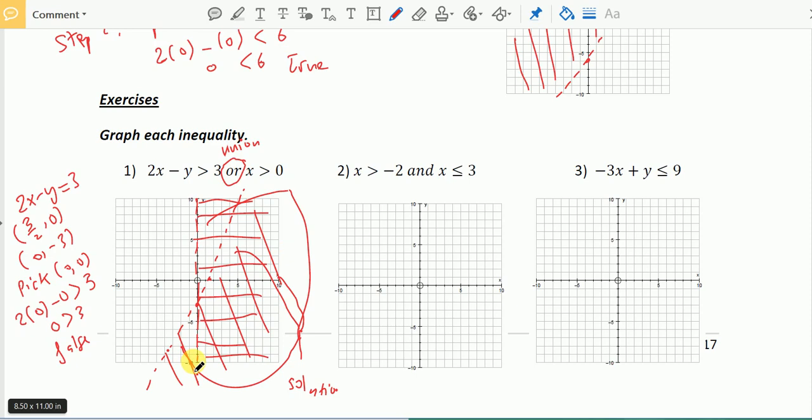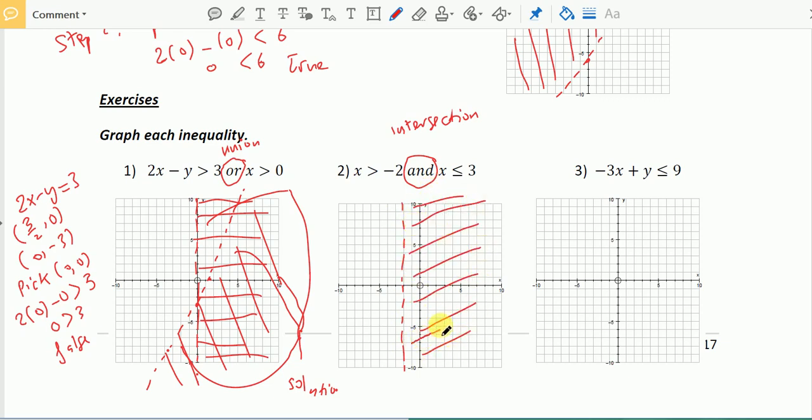Now, AND represents the intersection. x bigger than -2, so -2 is here. So x bigger than that is all the way to the right. We are using the dashed line because there's no equal sign.